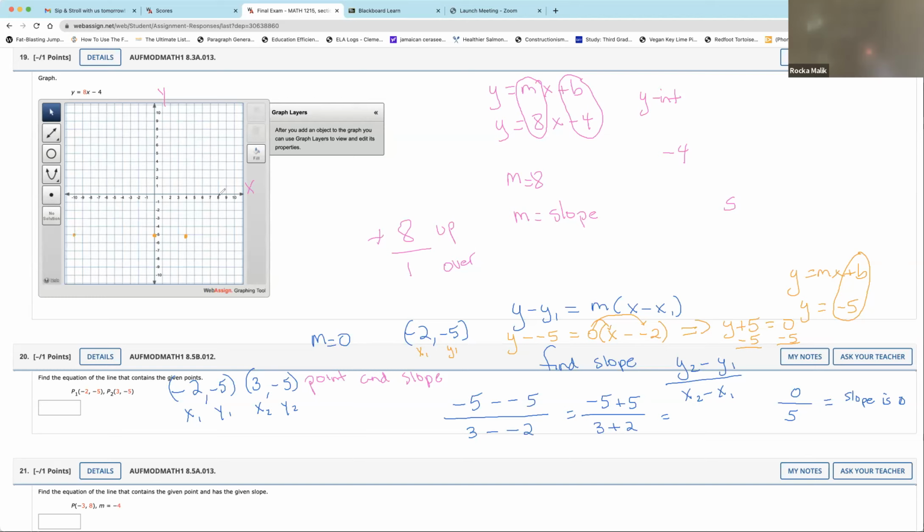If x is 8, y is going to be -5. X is -6, y is still going to be -5. And when I connect those dots, I have a line that has a slope of 0. It has no steepiness, no up, no down, just a line. And that's what it looks like.